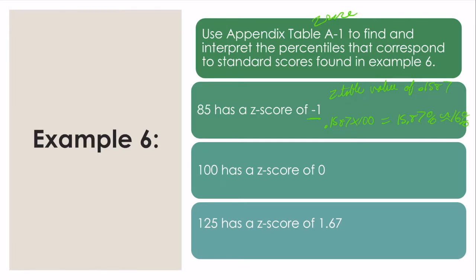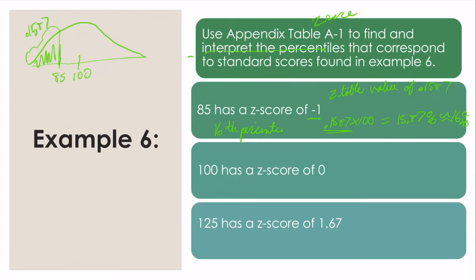Also, that would mean that 85 marks the 16th percentile. That would also mean that at 85, the area to the left of 85 is 0.1587. This area right here is 0.1587. Remembering that the area under a normal curve is 1.